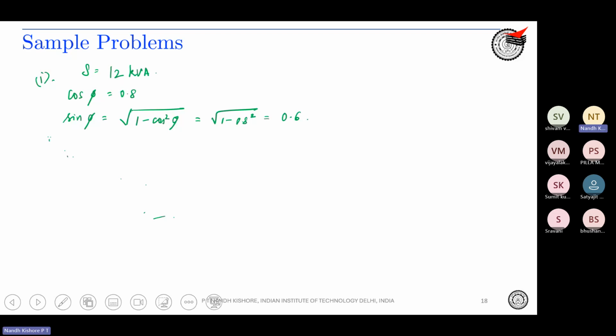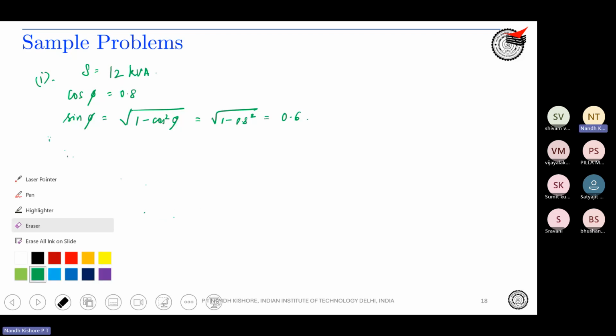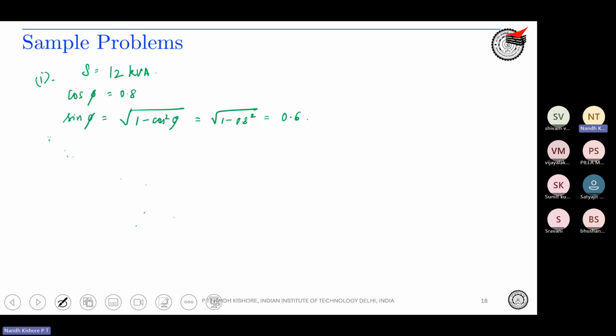From this, for the first part, P is equal to S cos phi, so 12 into 0.8 gives me 9.6 kilowatt.